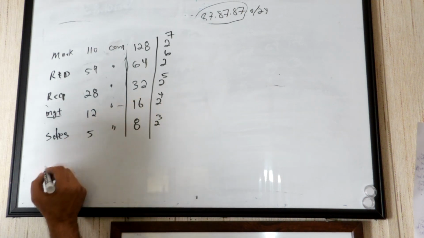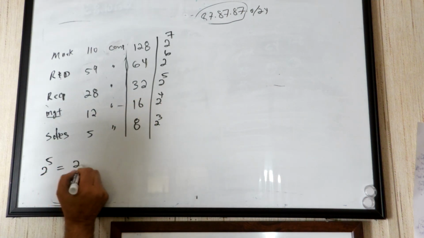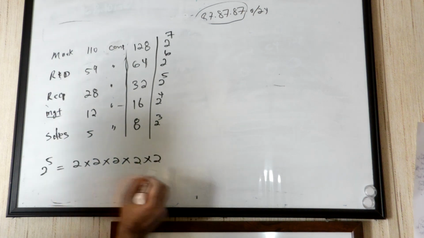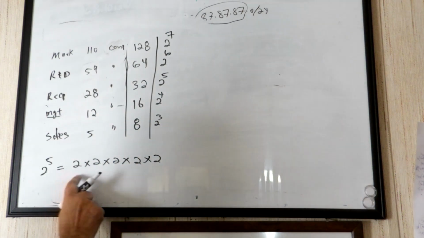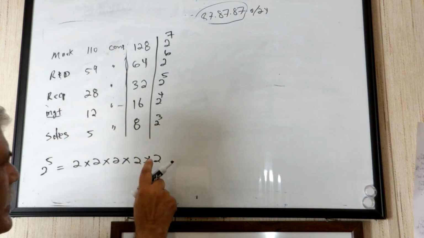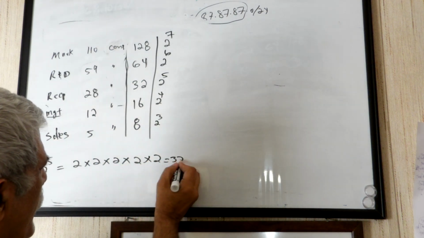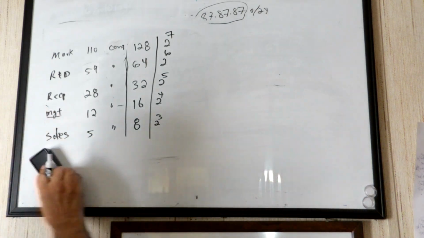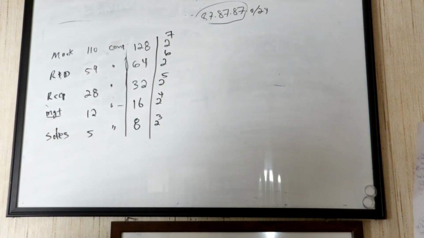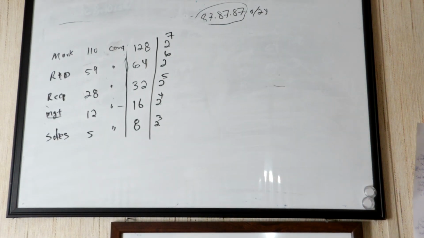Just to remind you, it means 2 times 2 times 2 times 2 times 2, 5 times 2. 2 times 2 is 4, 4 times 2 is 8, 8 times 2 is 16, 16 times 2 is 32. So that's from mathematics, college algebra, that we talked about.